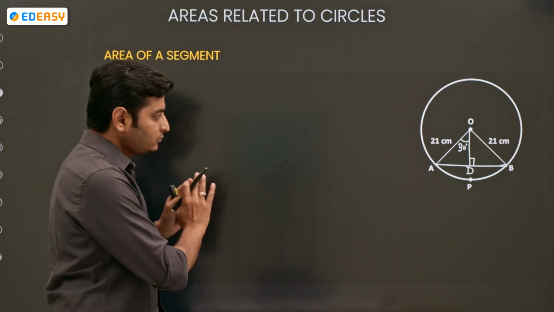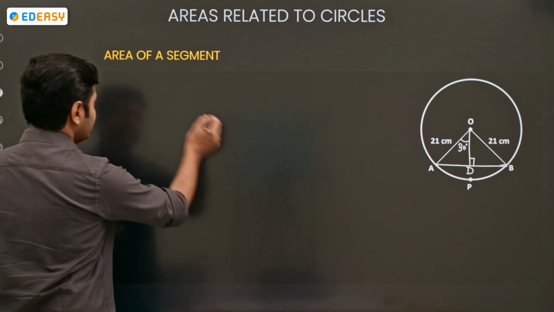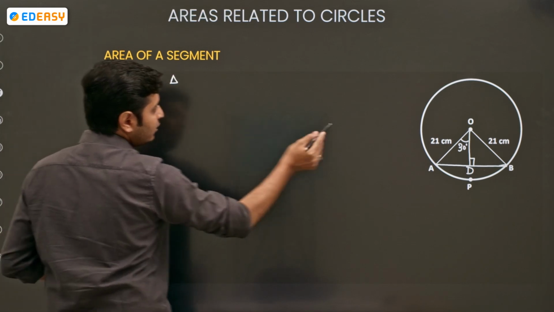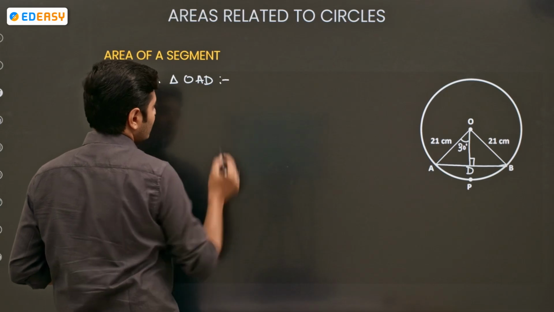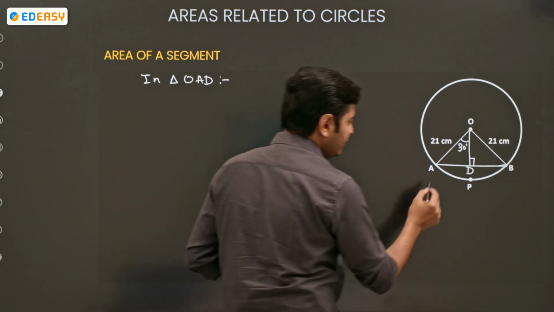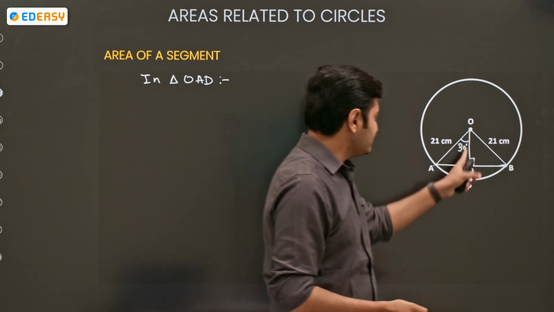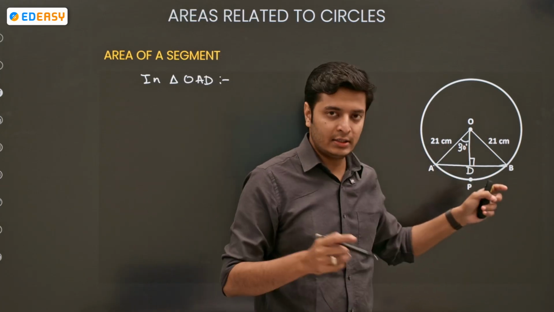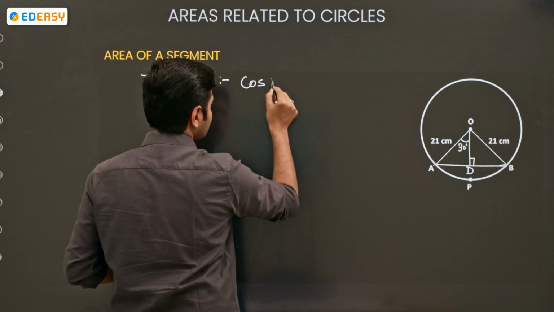Now, after explaining what construction you are doing, you are going to write here, in triangle OAD. First, I need to find the length of, suppose, OD. So, OD is the side adjacent to this theta, 30 degrees, correct? So, it means we need to go with which trigonometric ratio?